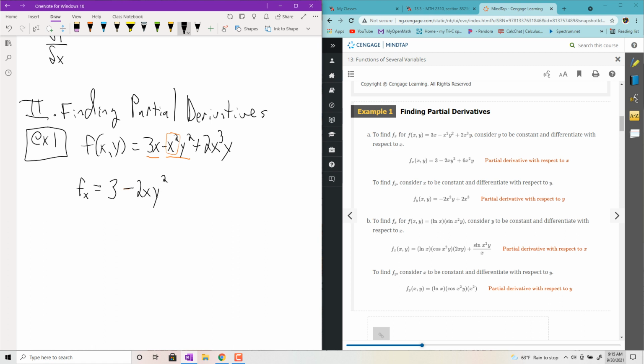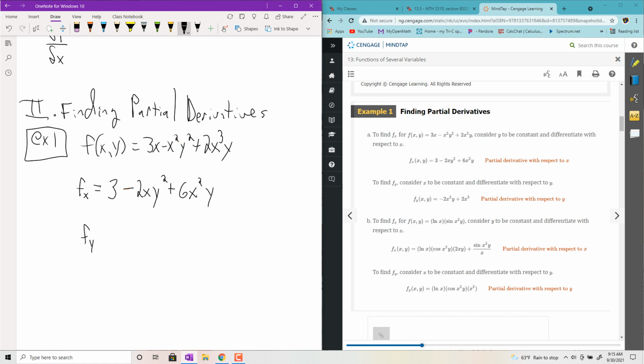You just leave that y squared alone like it's a constant. And on the last term, again, the only variable part is the x cubed. So you just take the derivative of that part, and you're going to get plus 6x squared y. So that's the partial with respect to x.